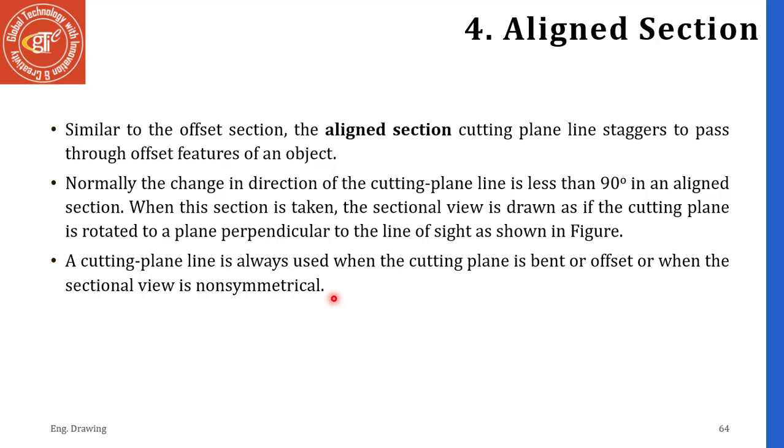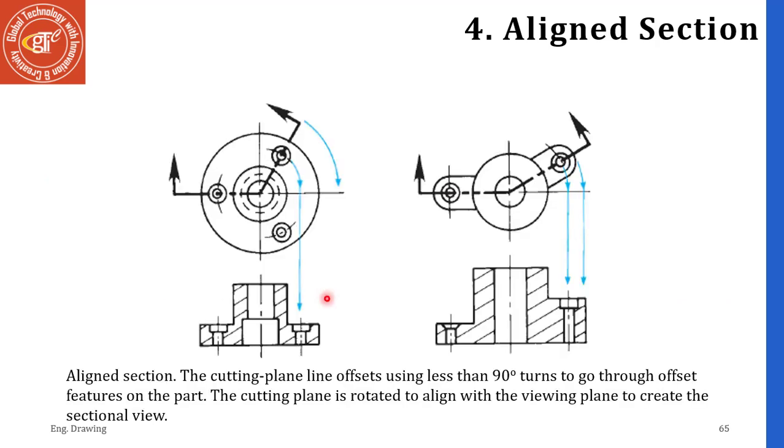So when this section is straightened, the sectional view is drawn as if the cutting plane is rotated to a plane that is perpendicular to the line of sight, as shown in the figure on the next slide. So the cutting plane line is always used when the cutting plane is bent or offset, or when the sectional view is non-symmetrical. Here you can see the aligned section view.